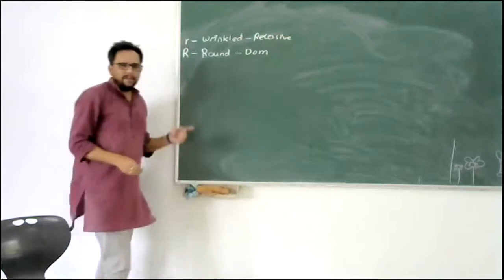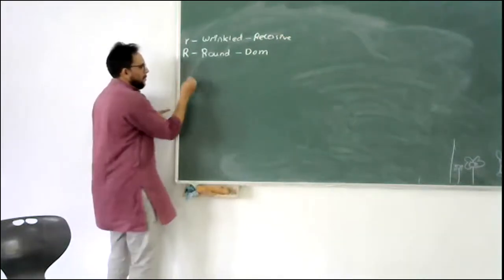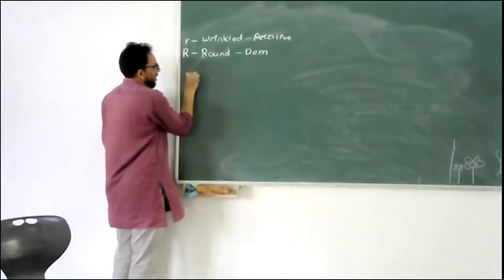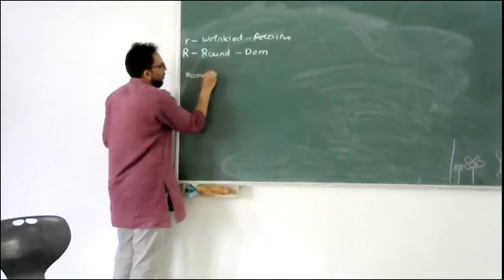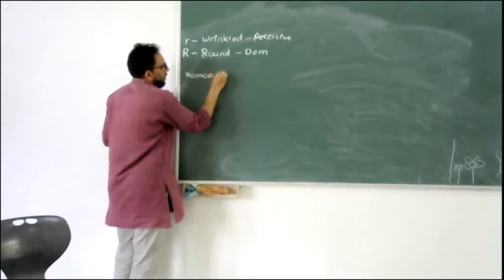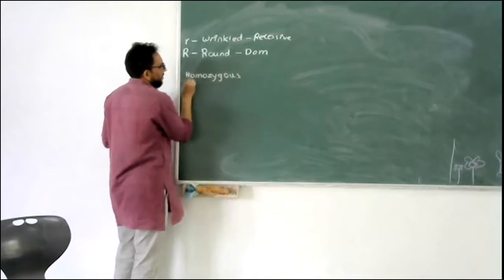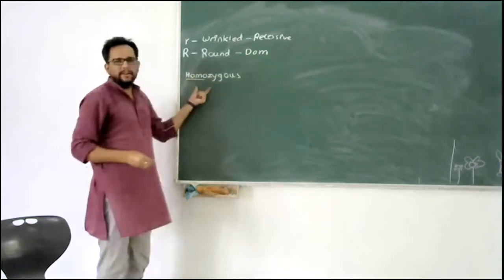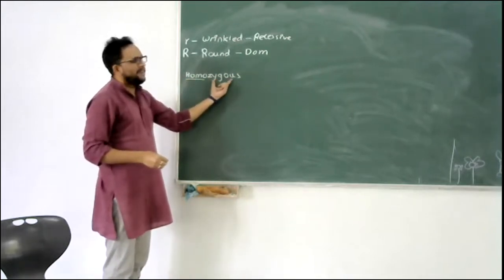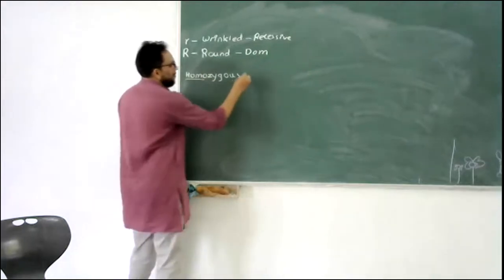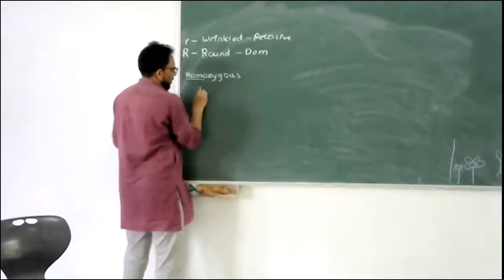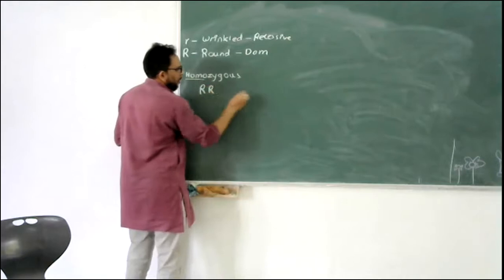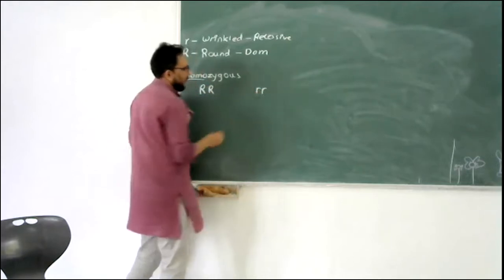Now, when we have alleles present in a particular plant, it can be homozygous. You have to remember, homo means same, so same zygous, that means same alleles. It can be either capital RR or small rr.